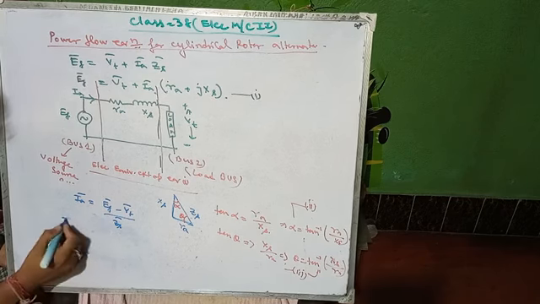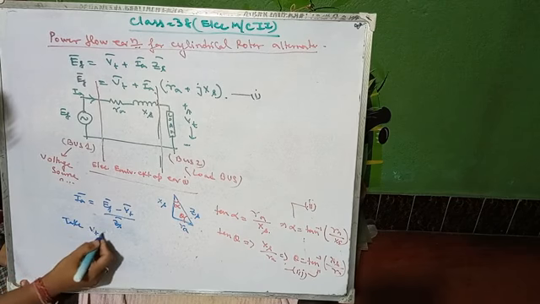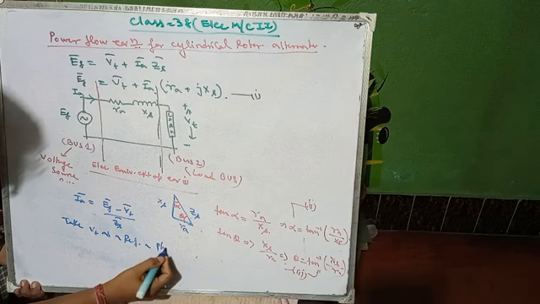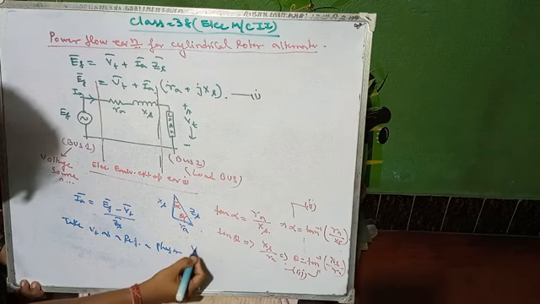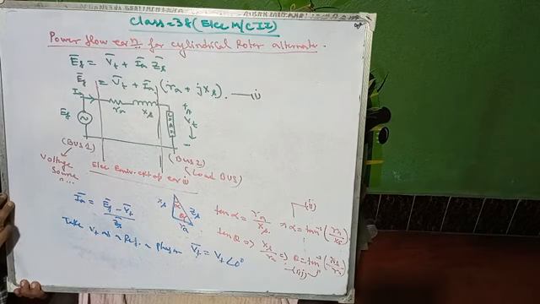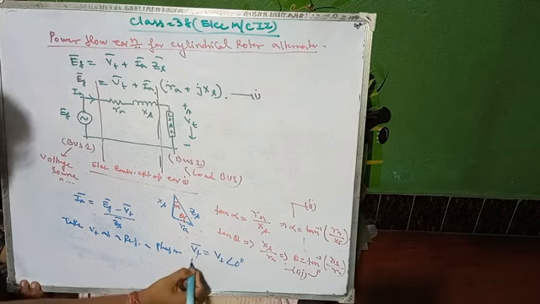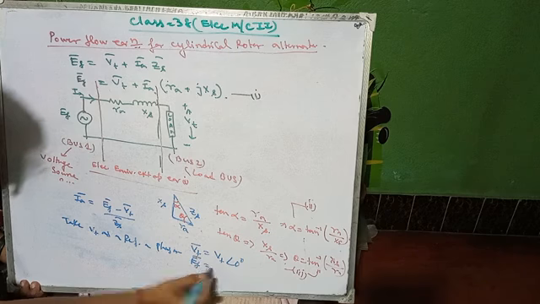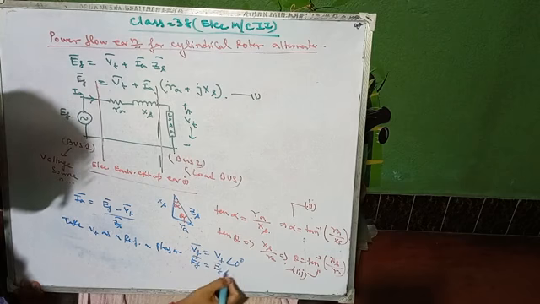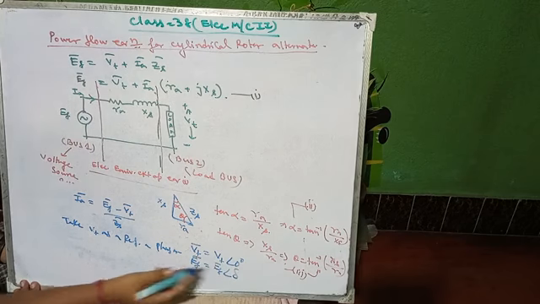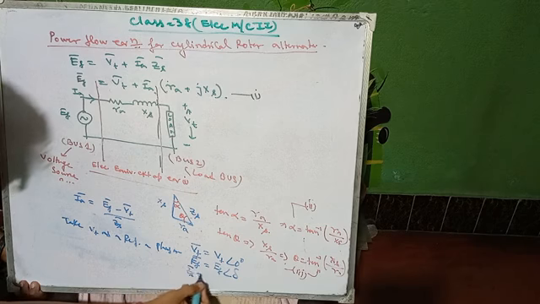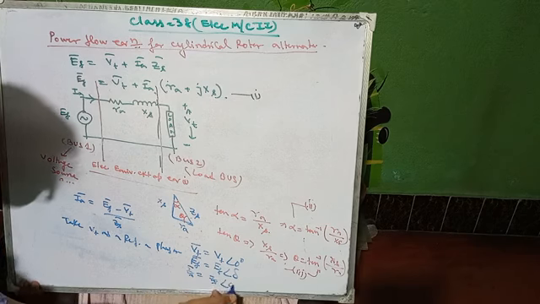Take Vt as the reference phasor, so the Vt phasor equals Vt angle 0 degrees. The EF phasor equals magnitude EF at angle delta, which is called the load angle, and Zs equals Zs angle theta.